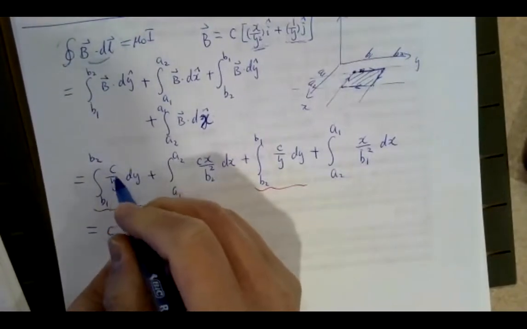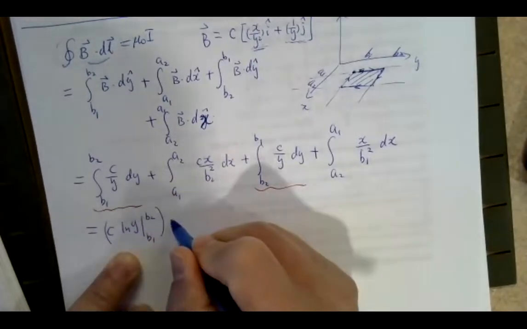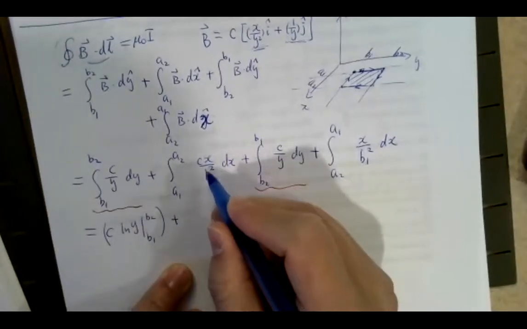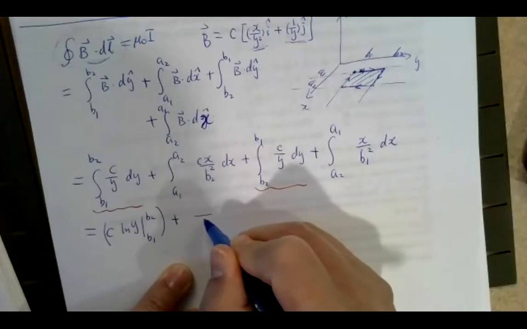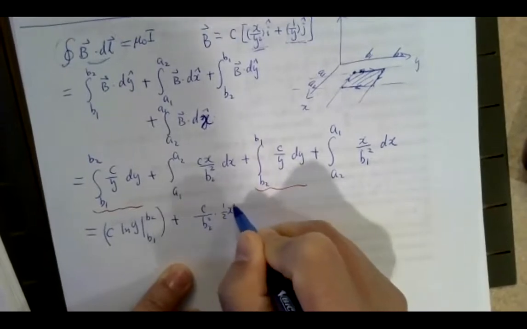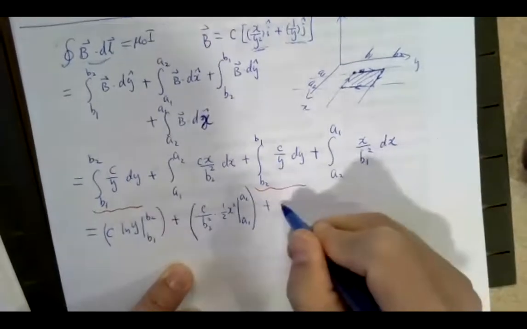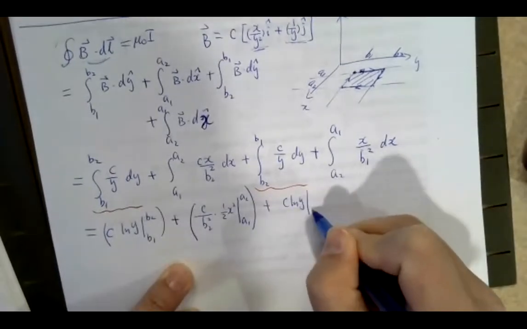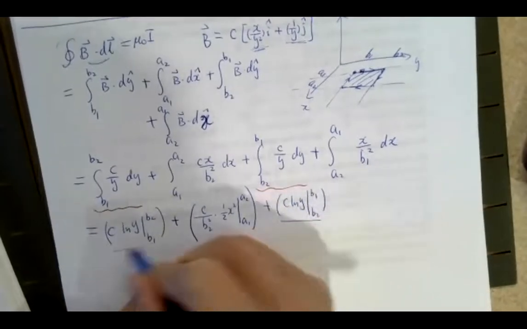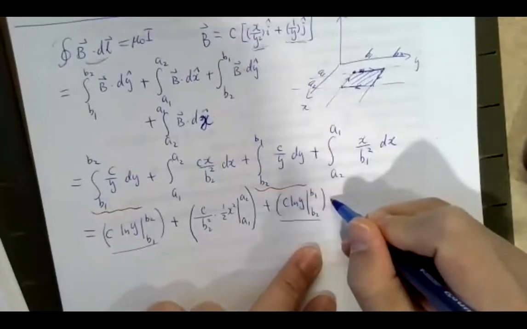Because this is C over Y. And then going from B1 to B2 for the first one. And then on the second one, this is X. So it becomes X squared and then 1/2. So you have C over B2 squared times 1/2 X squared, right? A1, A2. And this guy will be C ln Y from B2 to B1. And then at this point, you should be able to see this one and this one will cancel out here because they have opposite limits.